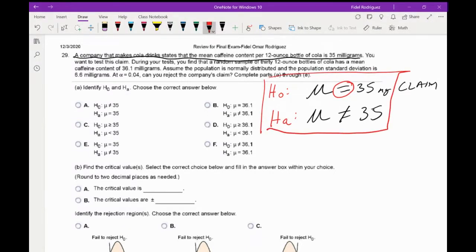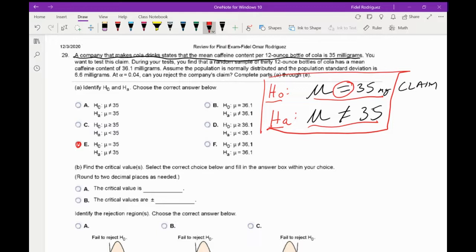Now I'm going to look at my choices A through F to figure out which one is my answer. I want to make sure that my H0 has mu is equal to and the HA is not equal to, and that looks like it would be choice letter E, right? Okay, perfect.